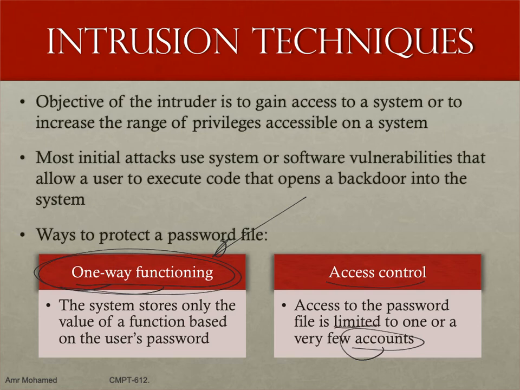Because, as we said, this is limited. You are limiting the access to the password file to certain accounts that you trust. The only one who has access to this is person XYZ, who is the admin.